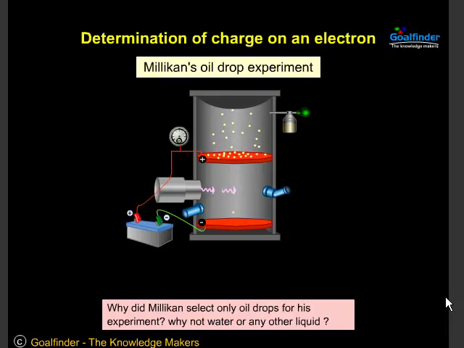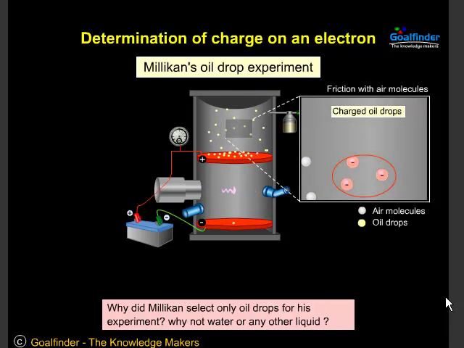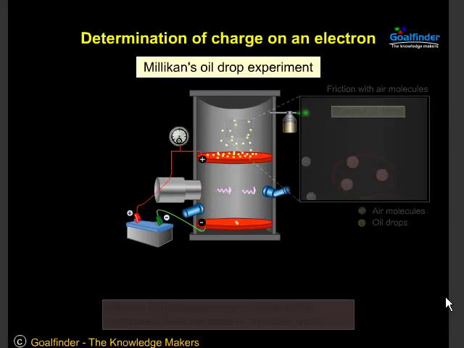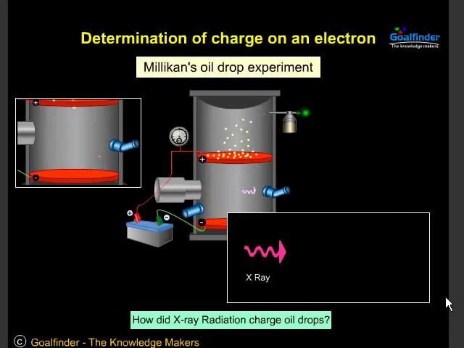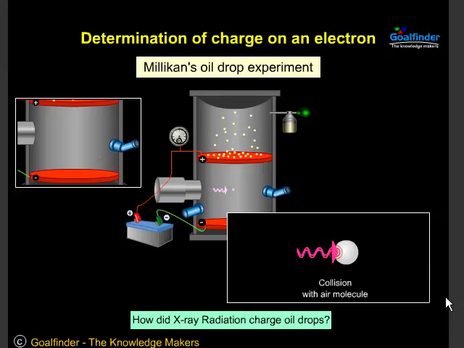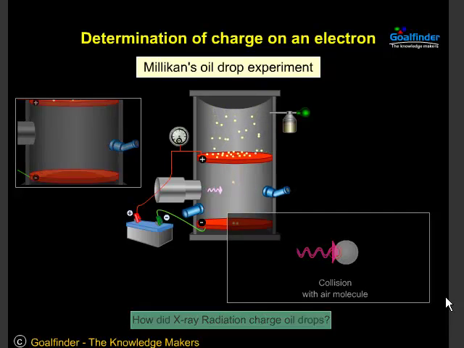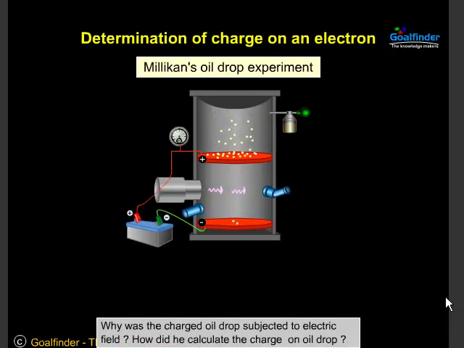From left to right, by the way, you do see X-rays coming out, which is charging the oil drops. Here is a question: why did Millikan select only oil drops for his experiment? I quite couldn't understand that little diagram they showed there. Why not water? It turns out, I looked it up, the oil was chosen because it had an extremely low vapor pressure.